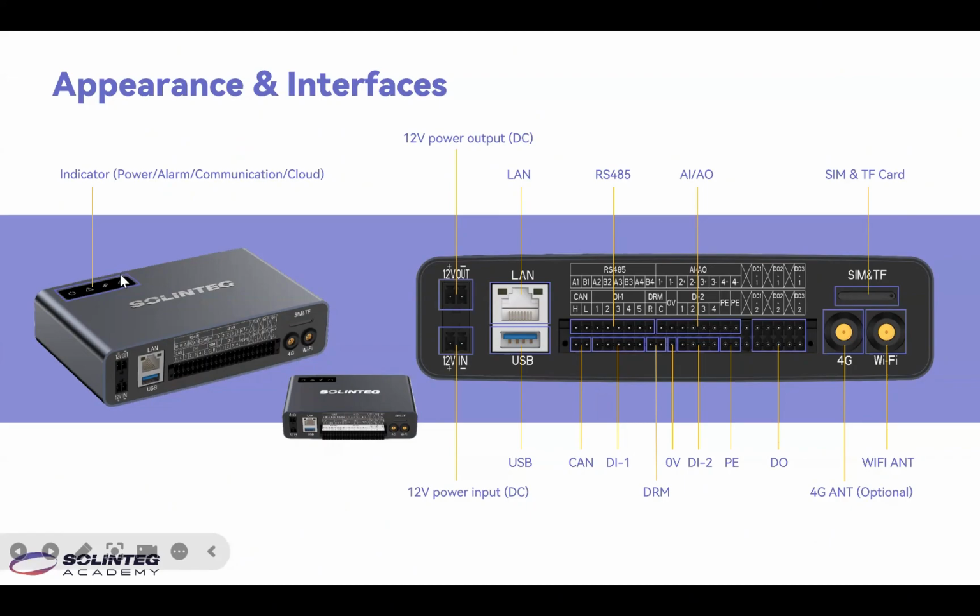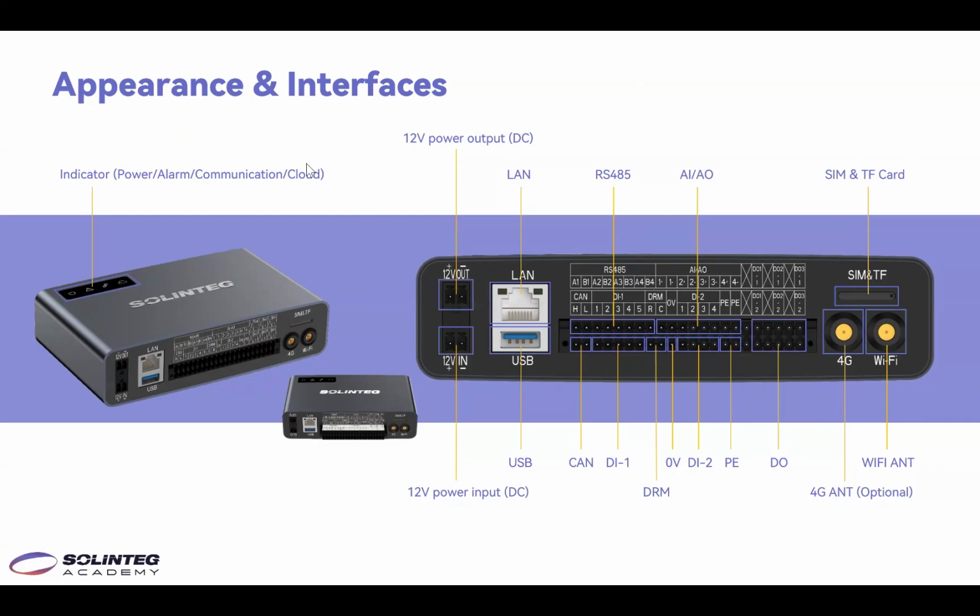Here we can see there are 4 indicators on the front panel. From left to right they are power, alarm, communication, and cloud platform. If all 4 indicators remain green and constantly on, it means the datalogger is working normally. In contrast, if any of them starts to flash, slow or fast, it means a fault occurs.